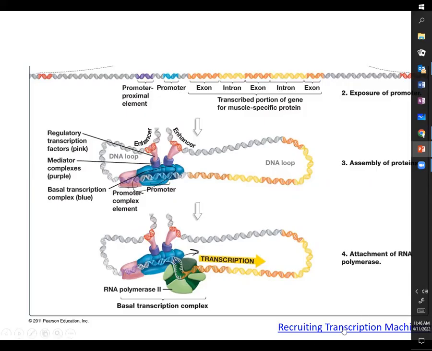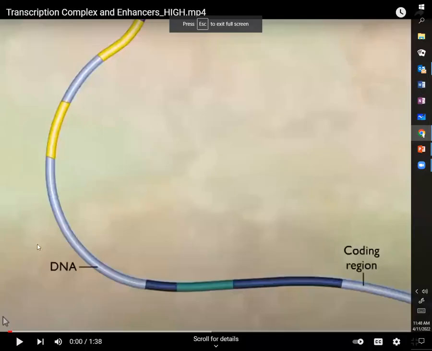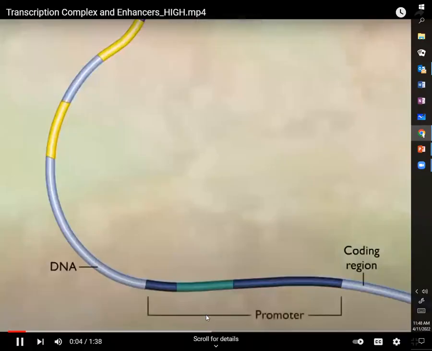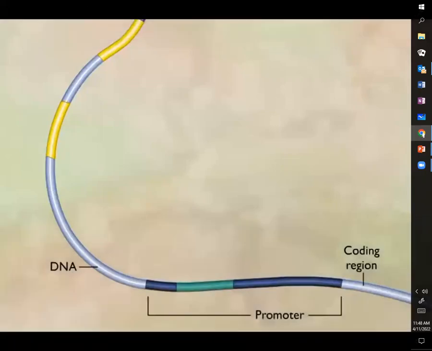Let's see if this link is working. To successfully bind to a eukaryotic promoter and initiate transcription, a set of proteins called transcription factors must first assemble on the promoter.